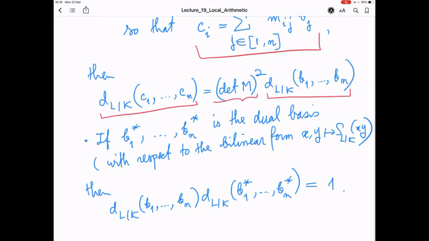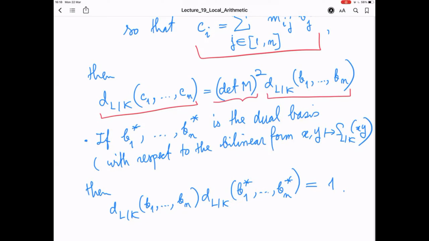And moreover, so that's one thing. Right now I'm working with an arbitrary field, so there's no distinguished ring inside those fields. I have one more thing to say about this general situation.